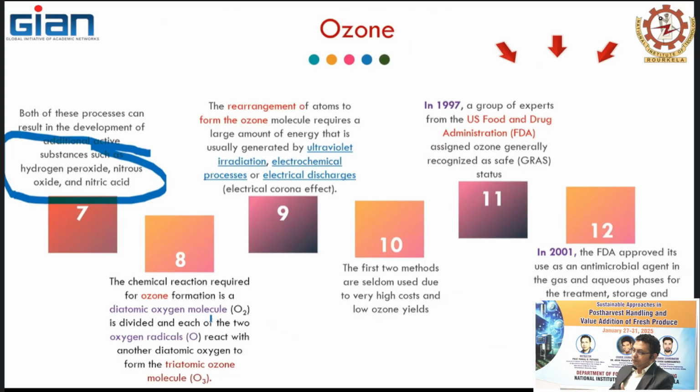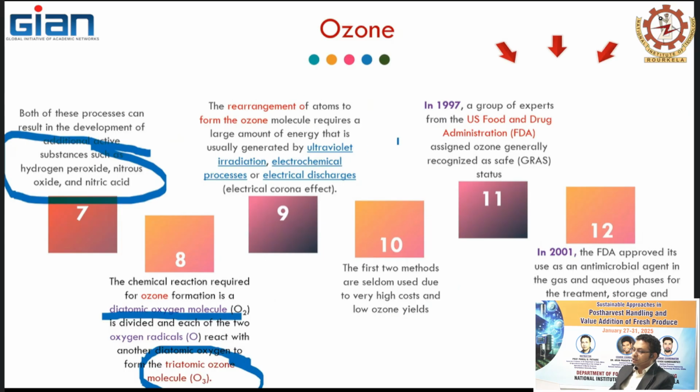Particularly for O3 formation, we have O2, which is diatomic because it's two O bonded, and when we break it with the sun's rays or UV rays, that's what we call the unstable one, and that makes a triatomic molecule.